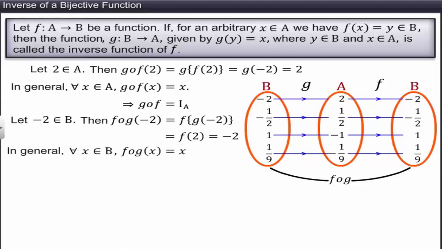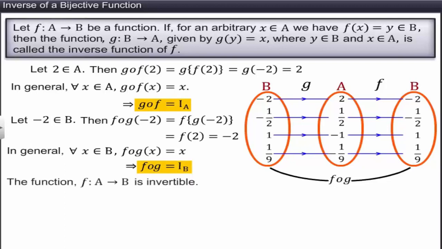Generally, f circle g of x is equal to x for all x belonging to set B. This implies f circle g is also an identity mapping on B. Here the compositions of g and f, and f and g, are identity mappings. Such a function f is said to be invertible.